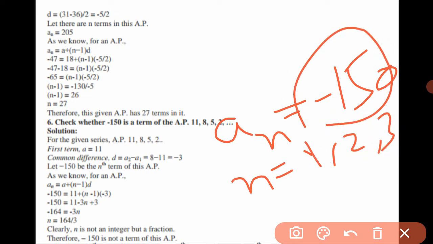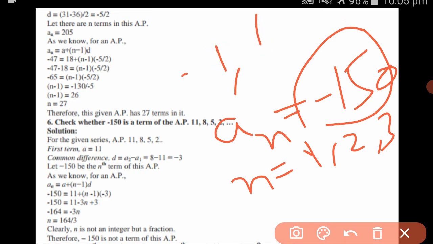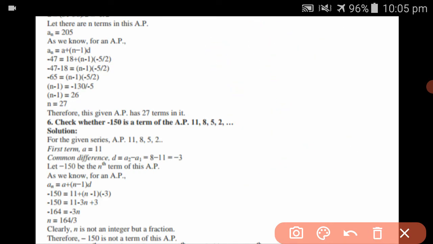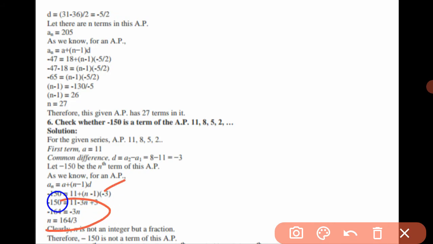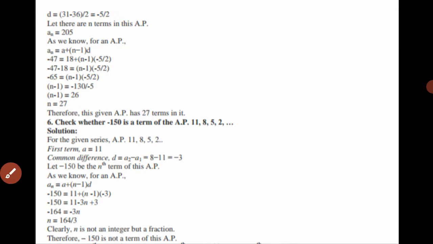But if the value of n is negative or a fraction, then we can say that minus 150 will not be a term. So by solving this using the same formula, an equals a plus (n minus 1) into d, we find the value of n equals 164 upon 3, which is a fraction. So we can say that minus 150 is not a term of this AP.